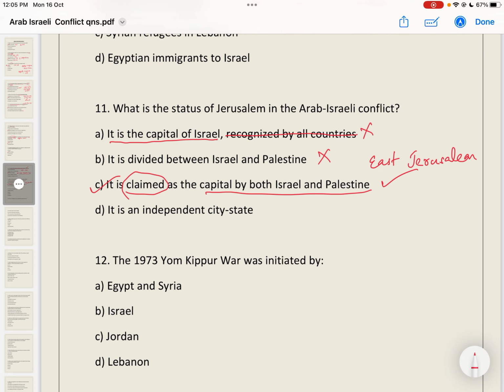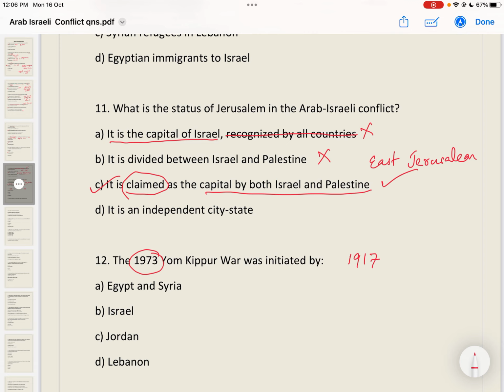Question 12. The 1973 Yom Kippur War was initiated by A. Egypt and Syria, B. Israel, C. Jordan, D. Lebanon. Now, just look at the timeline again. 1973 Yom Kippur War. So what have we talked about? We have talked about the 1917 Balfour Declaration.